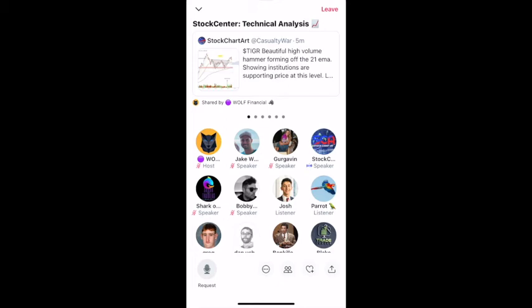I'm definitely watching this one for a breakout of this double bottom, looking at this pullback as a handle that's forming on the double bottom. We got a really big volume shelf building around price as well. So that's one that I am closely monitoring.